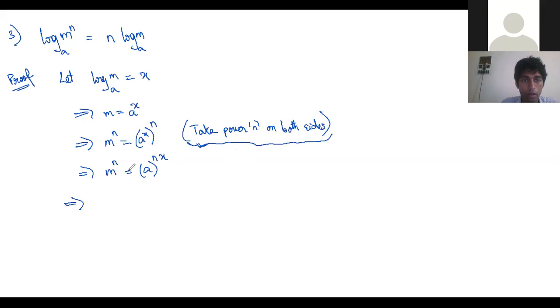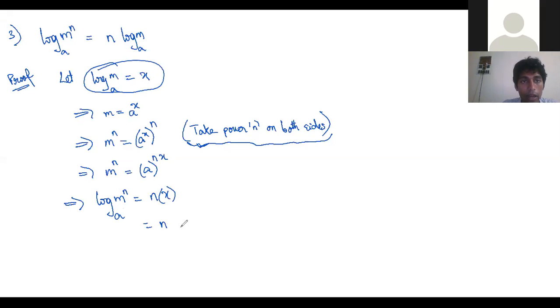So from here, we can say m power n is equal to a to the power n times x. Now I'm taking logarithm on both sides to the base a. Log m power n to the base a will be equal to n times x. But what is x? We already defined x over here.